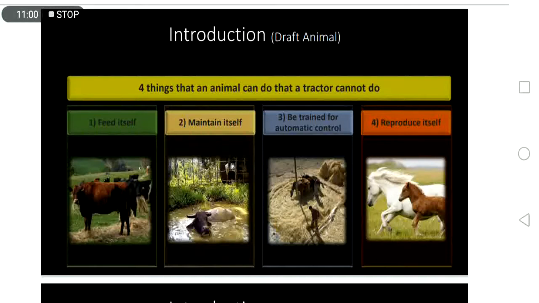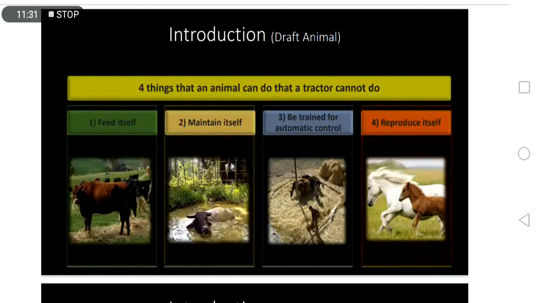So they can be trained to trample the rice to be threshed. While for the tractors, once again we need an operator to operate the tractor, unless they are autonomous tractors.